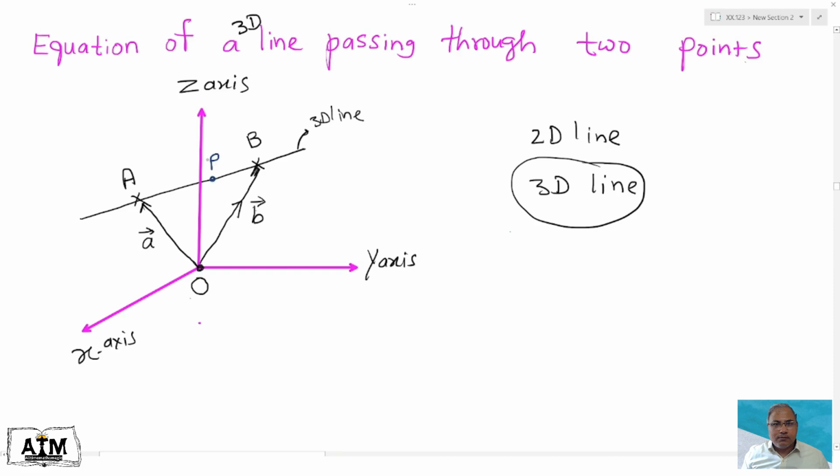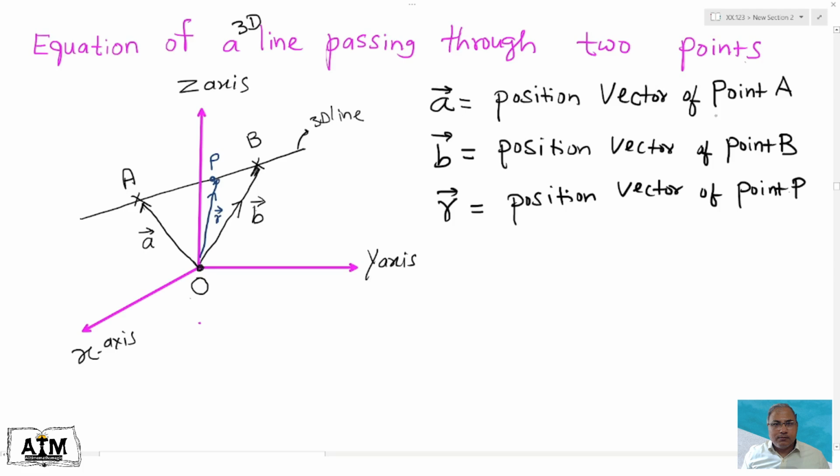This is point P, any point present between point A and point B. It can be anywhere. Now join the origin and the point P again, and let us call the position vector of point P vector R. Vector A is the position vector of point A, vector B the position vector of point B, and vector R the position vector of point P.